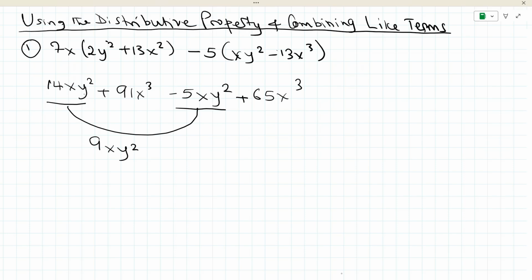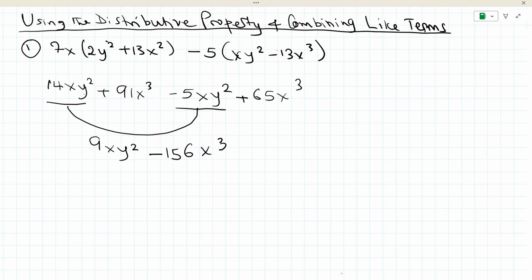So that will give us, sorry, it will be positive, so it will be 156x cubed. And yep, so that will be our final answer.